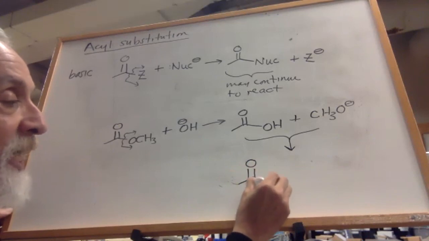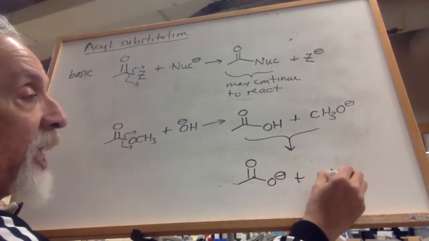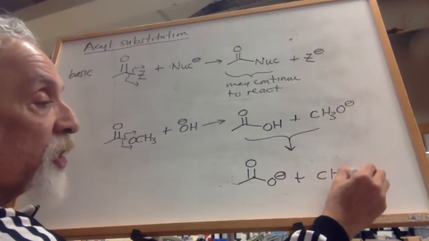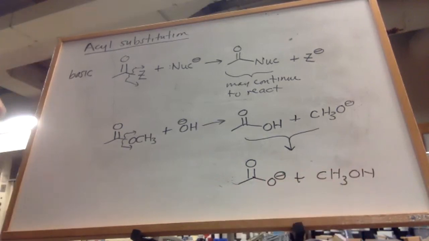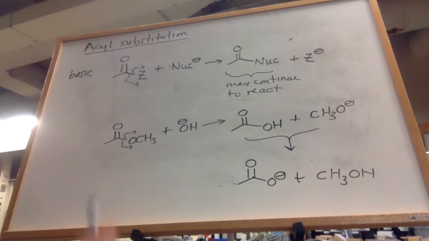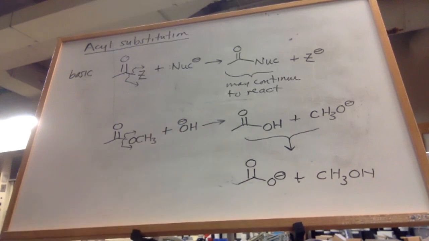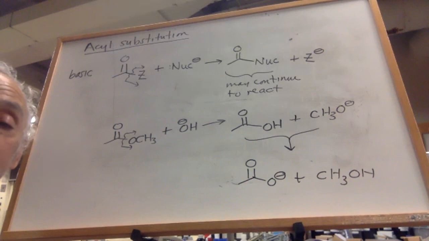It's not an acyl substitution, it's an acid-base reaction, and the final products would be the carboxylate and methanol. So this is what I'm talking about with acyl substitution under basic conditions. You get the acyl substitution, but under basic conditions, the product of the acyl substitution frequently goes on to react.